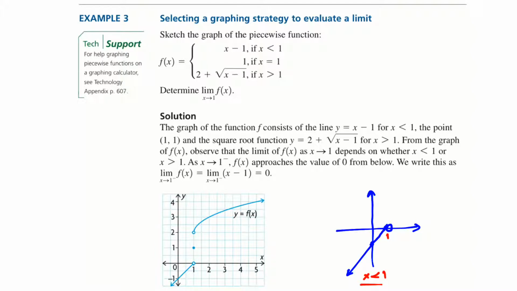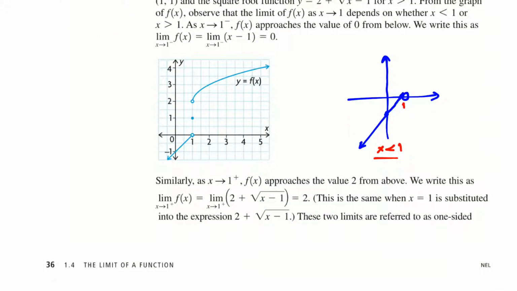When x approaches 1 from the left side, f of x approaches 0. And when x approaches 1 from the right side, the limit of f of x is 2. Since the right side and left side limits are not the same, the limit of f of x as x approaches 1 does not exist.